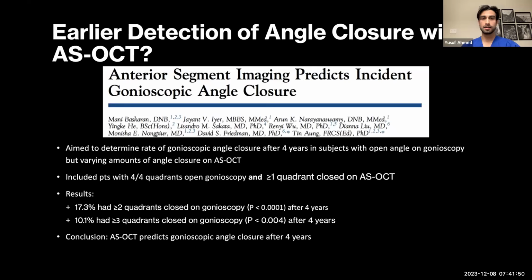And for those who had 3+ quadrants closed on anterior segment OCT, 4 years later it was a bit of a smaller proportion. So the conclusion of this study was that anterior segment OCT predicts gonioscopic angle closure after 4 years. And this may be because of the prevention of user elements when performing anterior segment OCT.